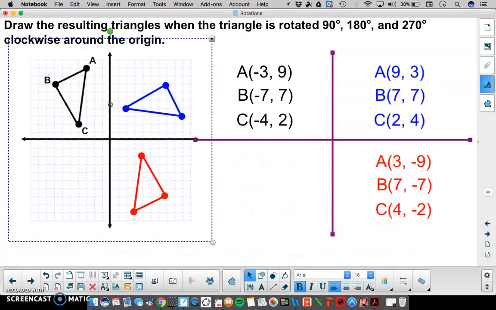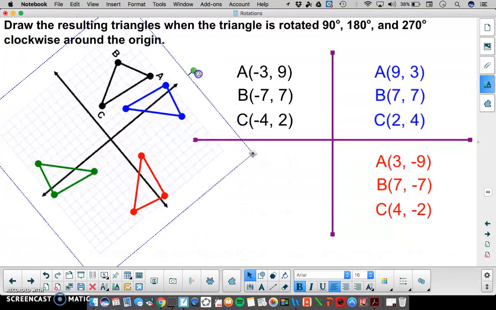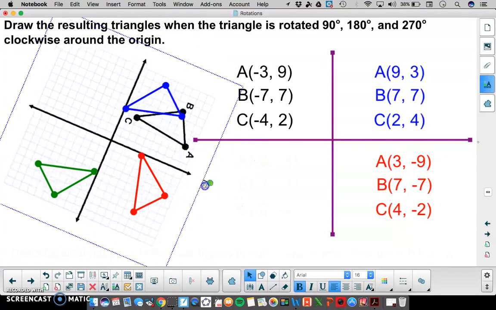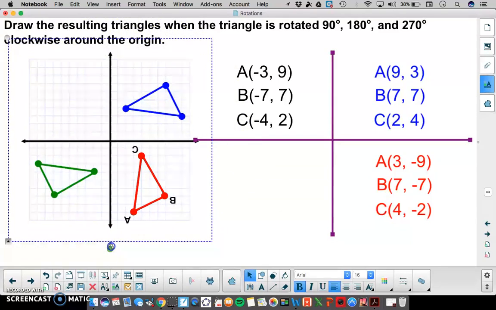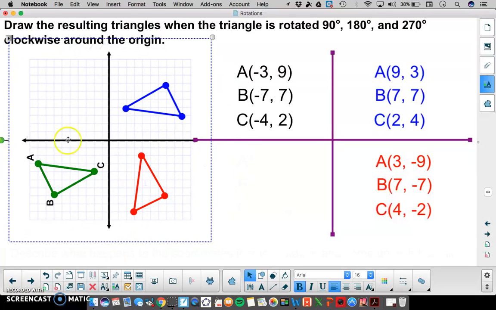All right, I'm going to return to my original position and rotate 270 degrees clockwise. And I'm going to end on this green triangle here. 90 degrees, 180 degrees, and 270 degrees. So now I'm going to look and see these points, -2, -4, -9, -3, and -7, -7.